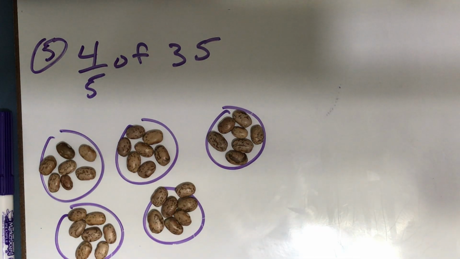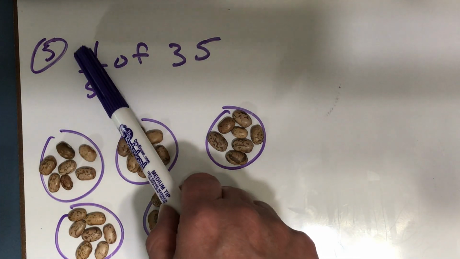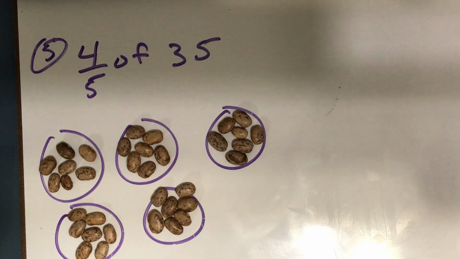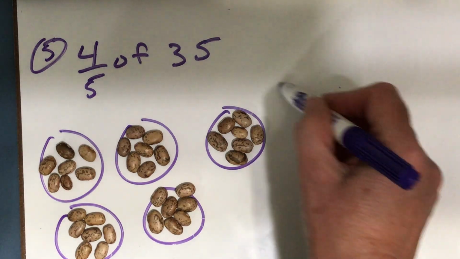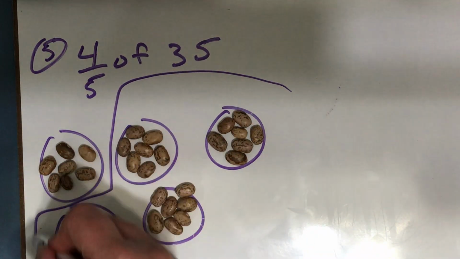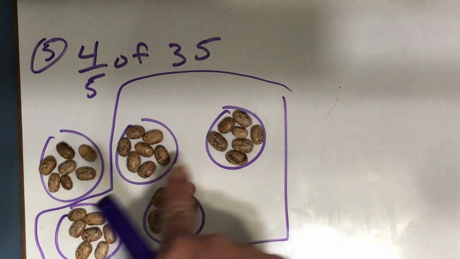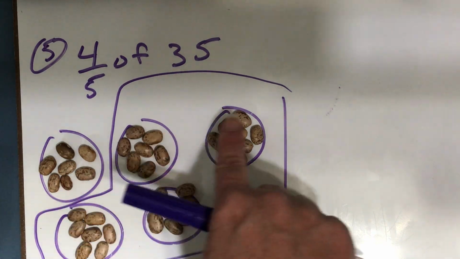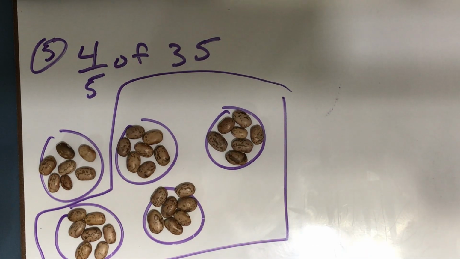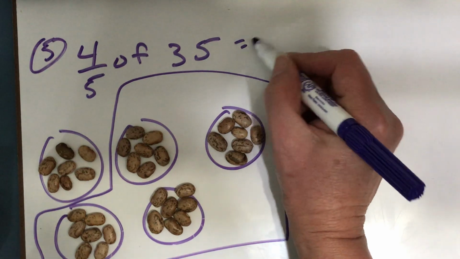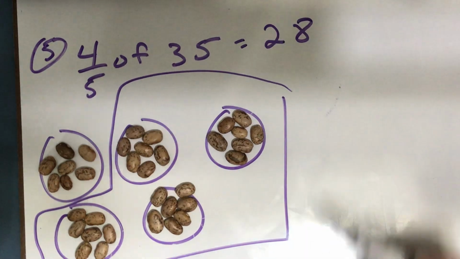So I need to now look at my numerator. I need 4/5 of 35. That means I need 4 out of the 5 circles. So that would be right here, 4/5. So I have 7 in each circle, and 7 times 4 is 28. So 4/5 of 35 equals 28.